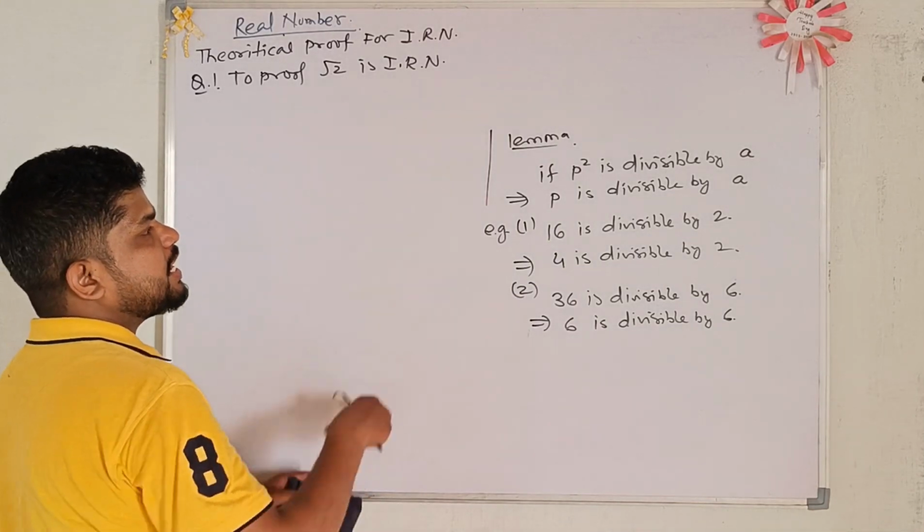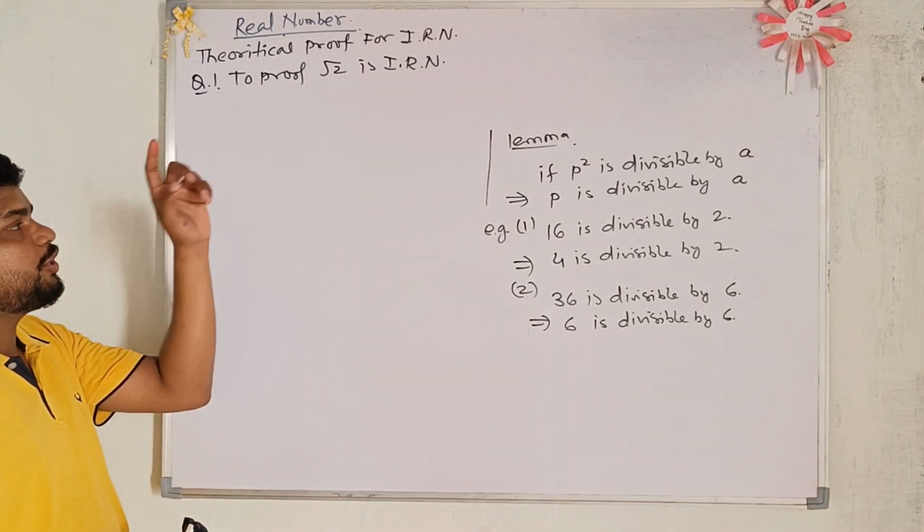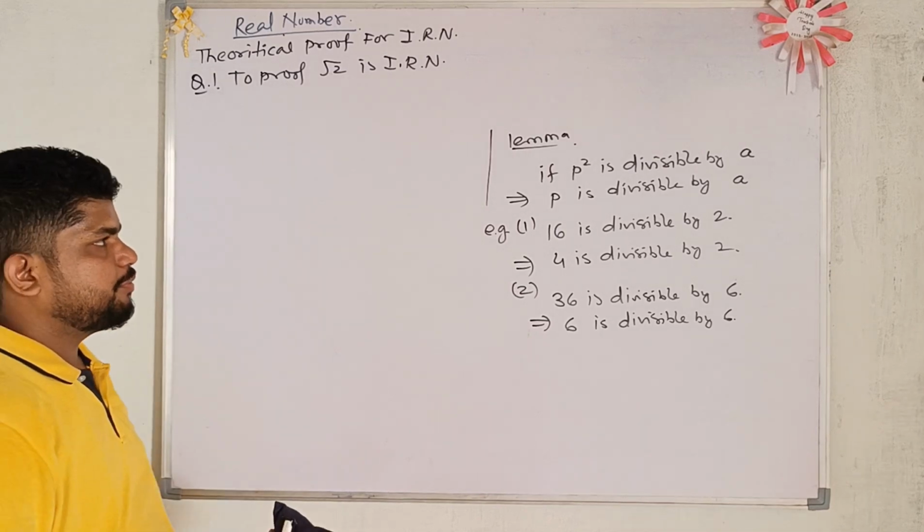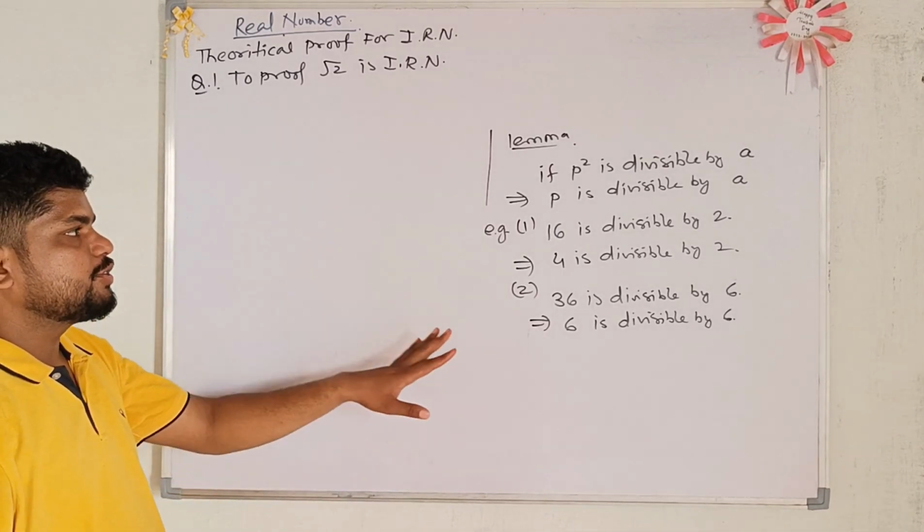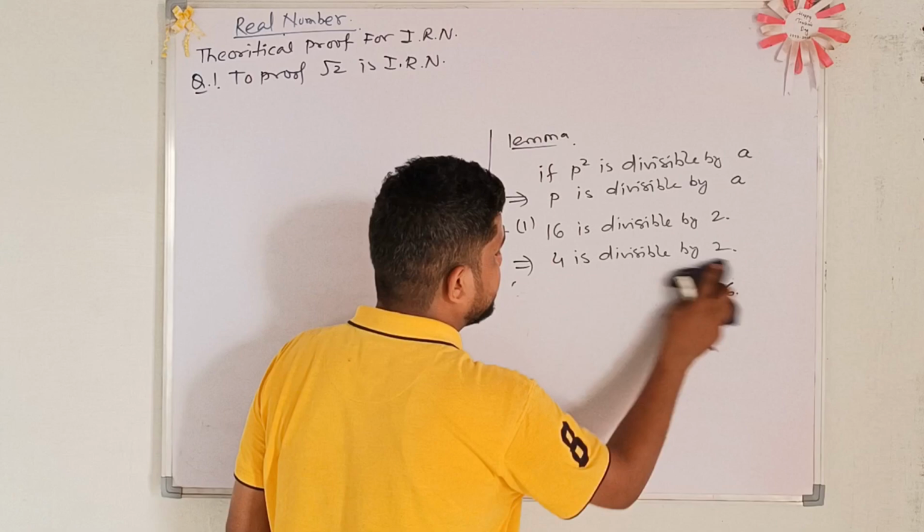Now we will use this lemma to prove this theorem, that root 2 is an irrational number, by the method of contradiction.